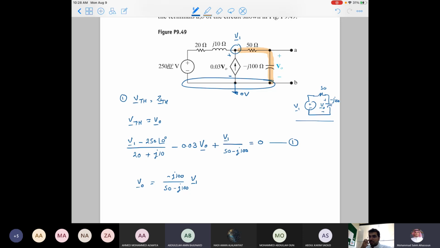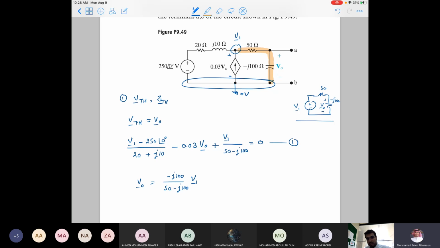Okay, so what is the current? You want V0? Yes. You can use a node voltage. No, I mean voltage divider. Yes, that's exactly what we've been doing.